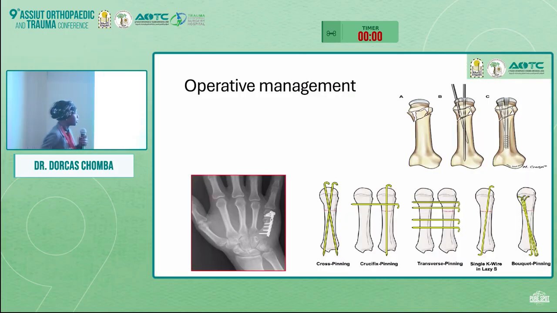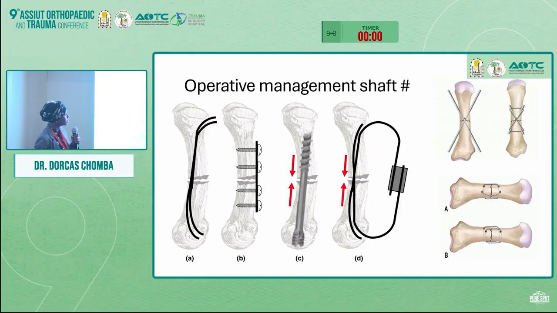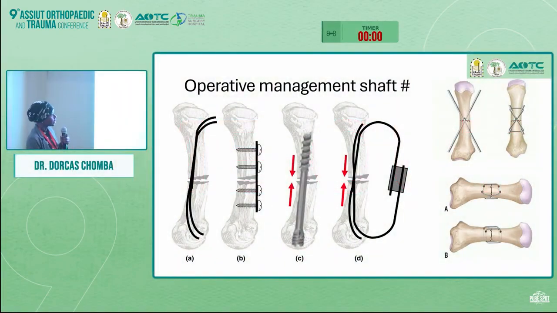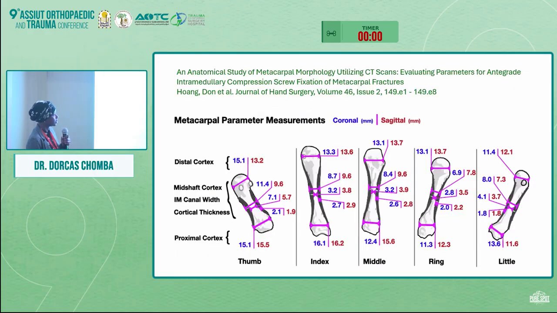Operative management options for the neck of metacarpal fractures, again, are many. Different studies are trying to assess the different options. This one, they tried to assess between intramedullary and K-wires. The authors of this study put this lock just to prevent migration of the K-wires. These are just different studies.